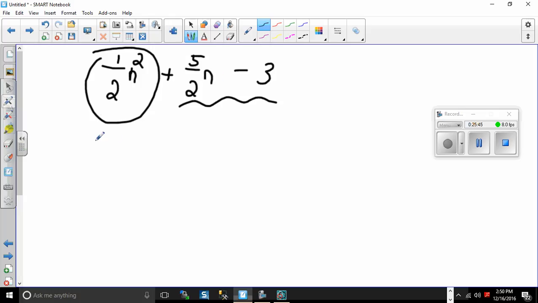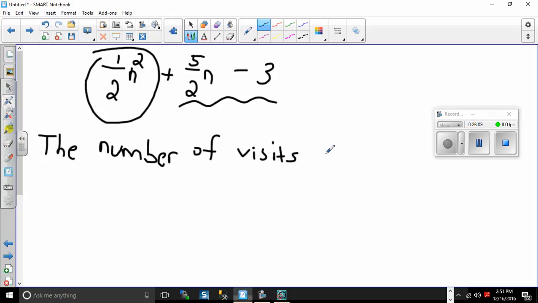So we say that because this term in the quadratic dominates, the number of visits is of order n squared.